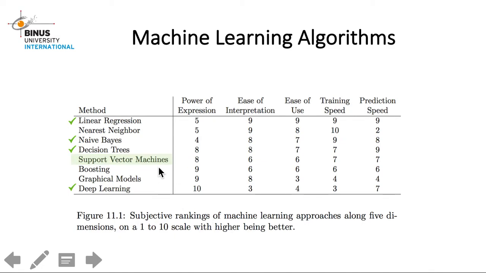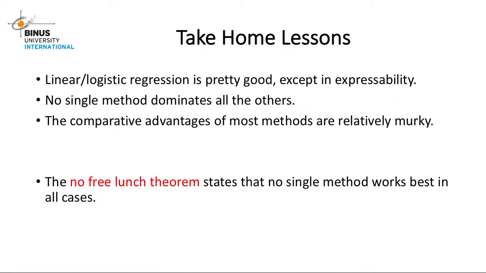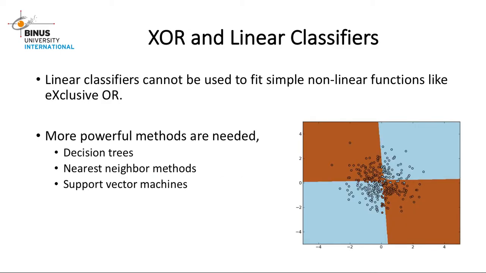In today's session, we're going to focus on support vector machine because this is also a famous and well-known algorithm to solve problems in classification. So there is no single method that works best for all cases. It depends on your problem. A linear classifier cannot be used to fit simple nonlinear functions like exclusive OR.